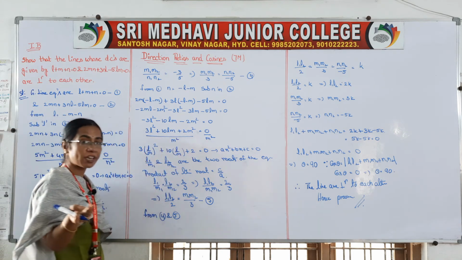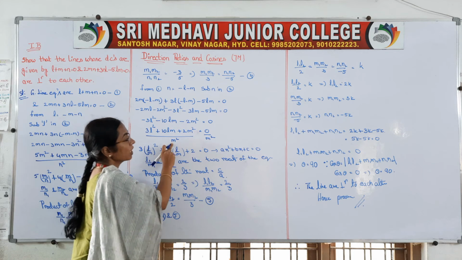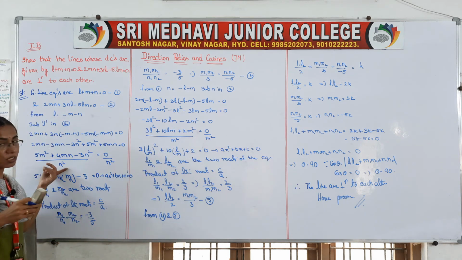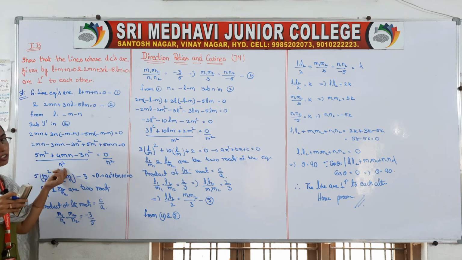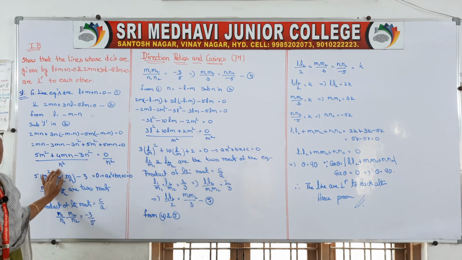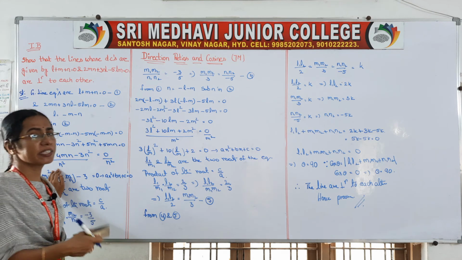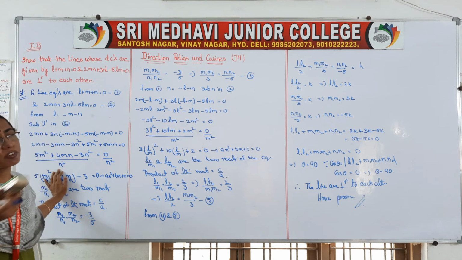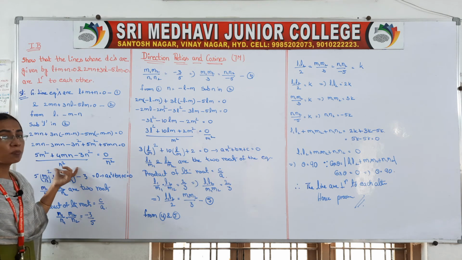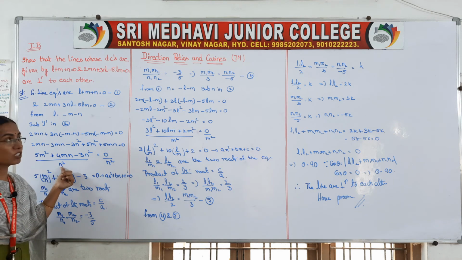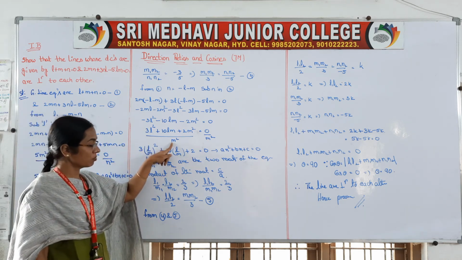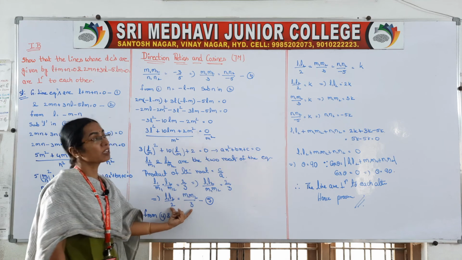No factors are there, that's why we multiplied with m square. Here also no factors are possible, that's why we multiplied with n square. If normal factors are there, then directly we will find the direction ratios of the first set and the second set, and take cos theta. But here factors are not possible, that's why dividing with n square we got one equation. Similarly, dividing with m square we got another equation.